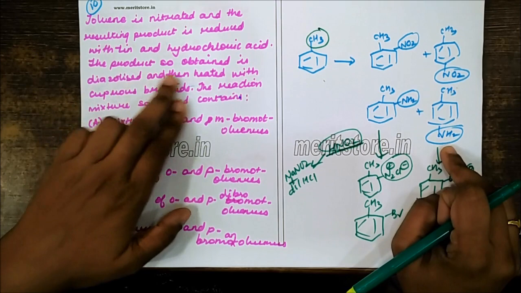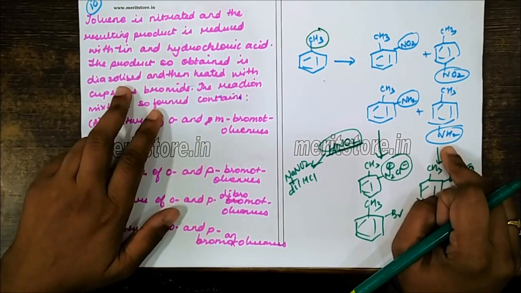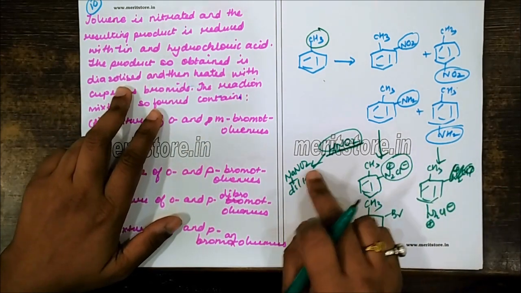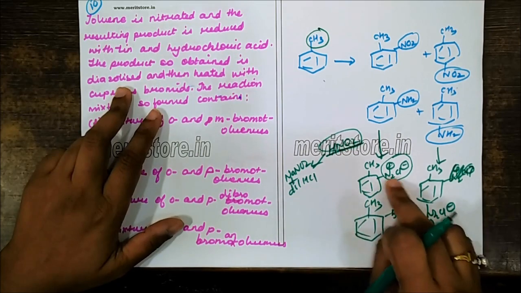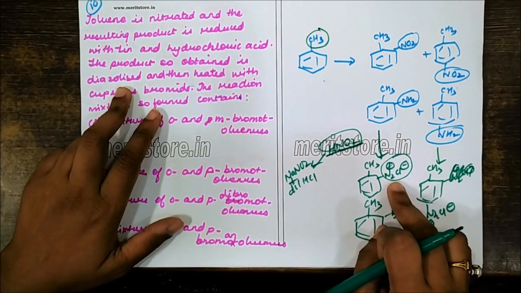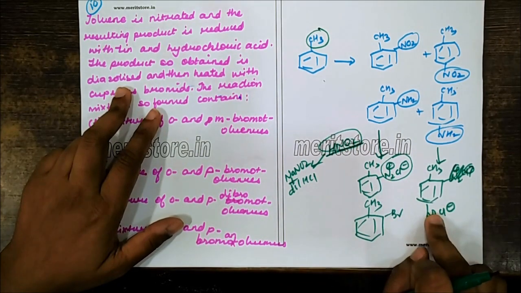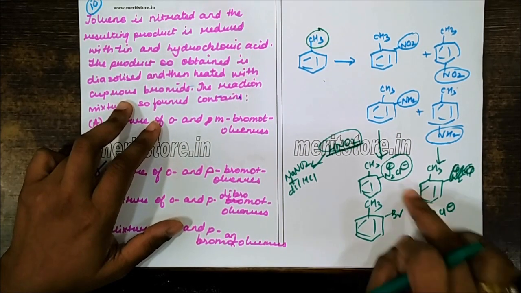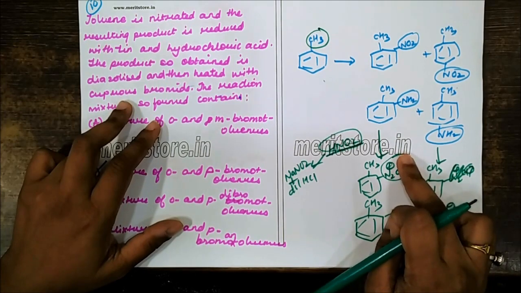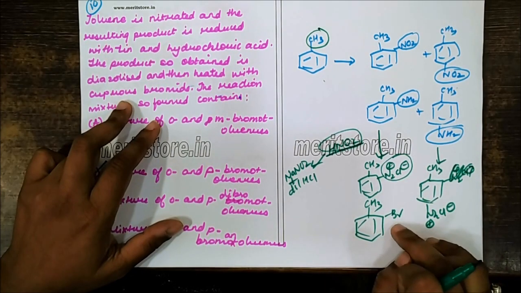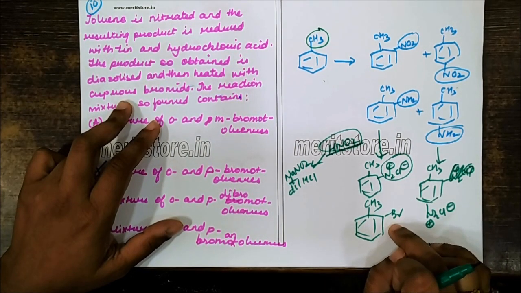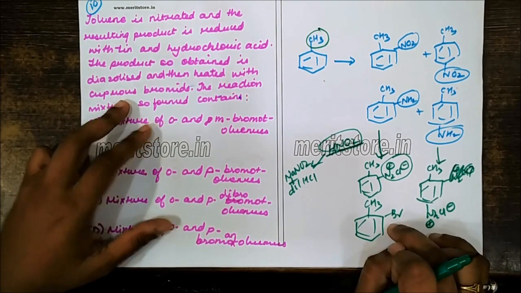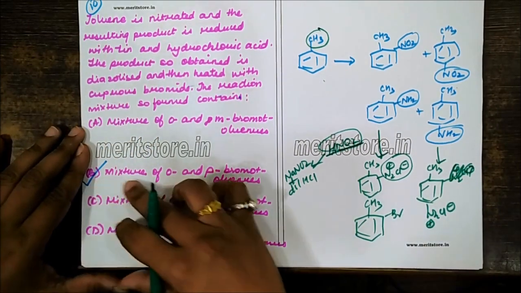Then further they are saying the product so formed is diazotized. So diazotization with NaNO2 and dilute HCl, that is nitrous acid, will give us the diazotization at ortho and para position, and which is finally heated with the cuprous bromide, which will give us the replacement of the diazo group with a corresponding bromide. So we are expected to get ortho and para bromotoluene. Hence our option is option B.